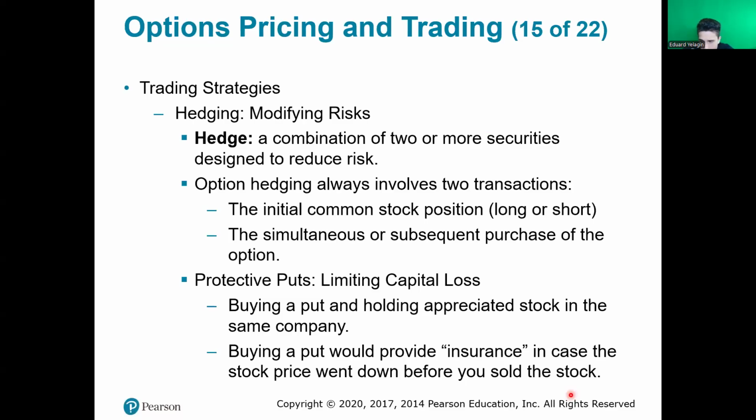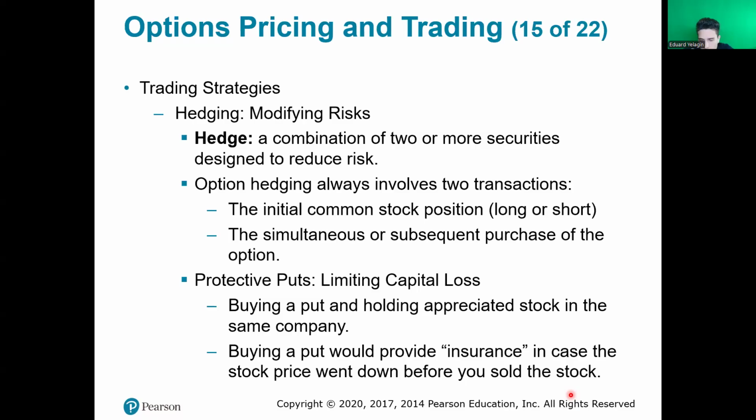One of the most popular examples is protective puts. What we do in the protective put is buy long the stock itself. So we hold the stock in hand and we buy a protective put option. Why we do this is that we want to protect ourselves from losses.